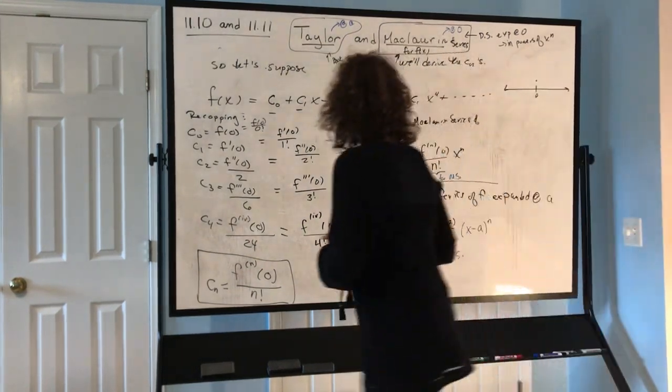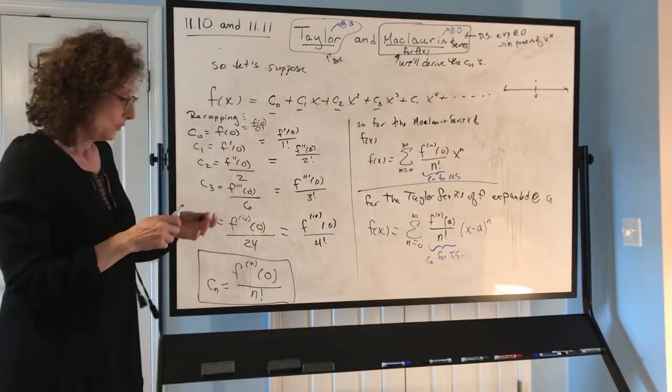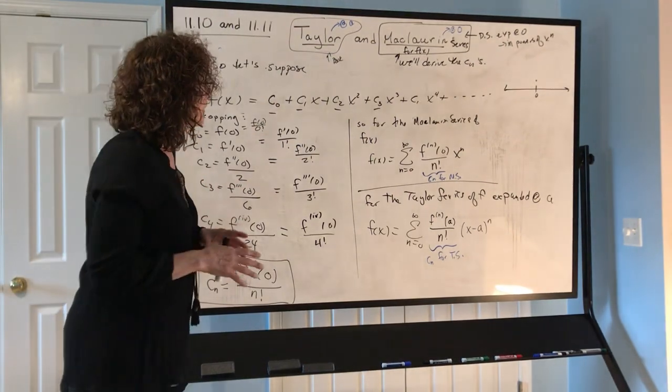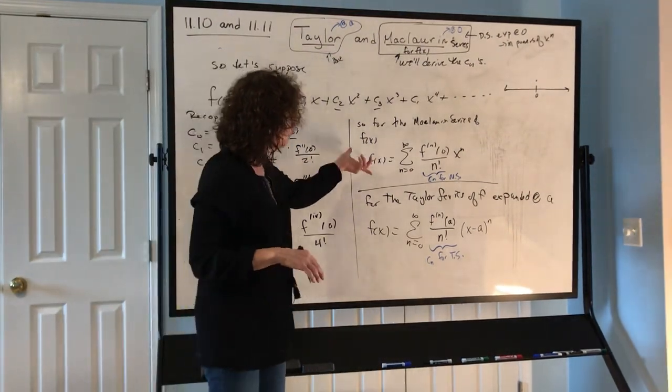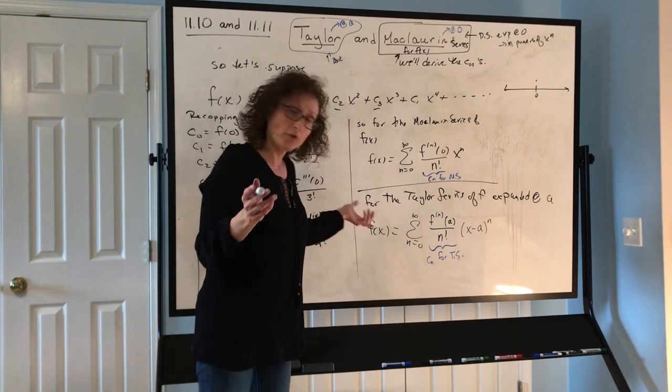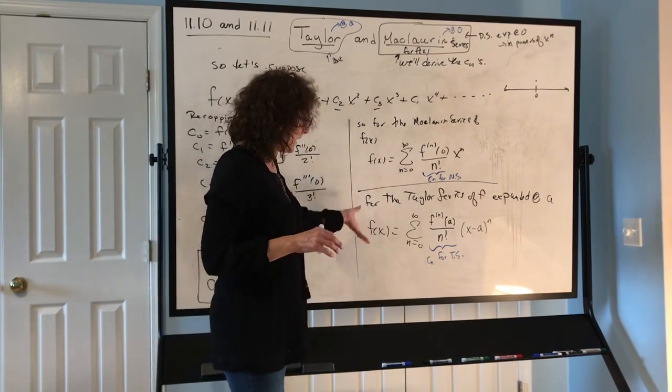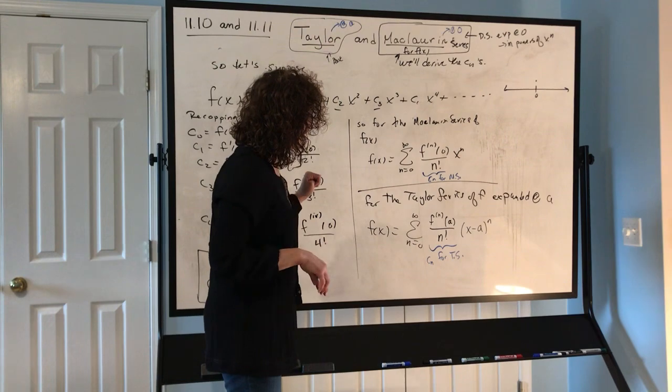Okay? All right. So now we want to go compute one of these series. We want to start computing some Maclaurin series. Your book does a variety of examples with Taylor series and Maclaurin series.